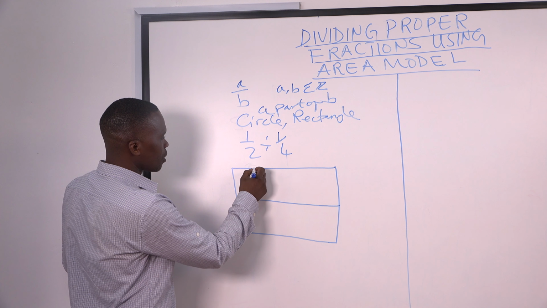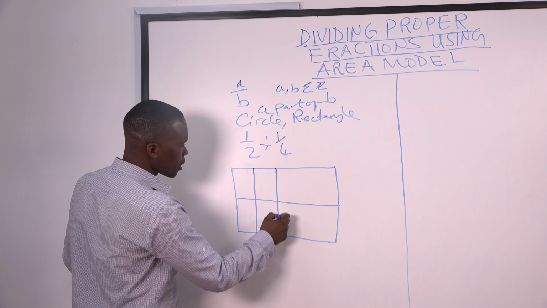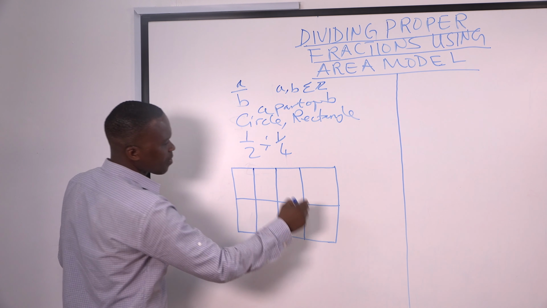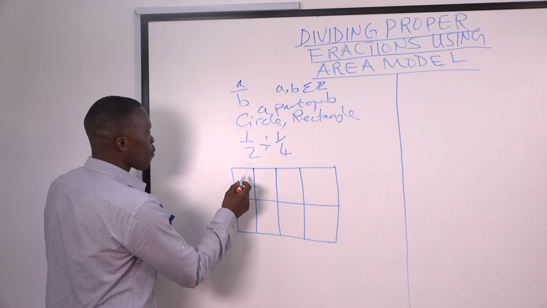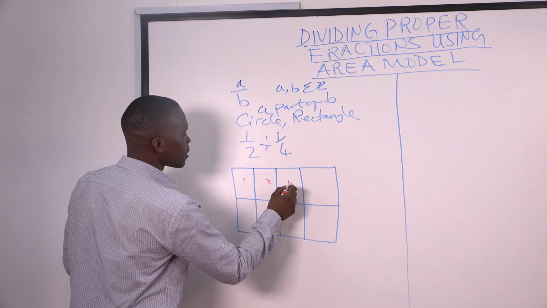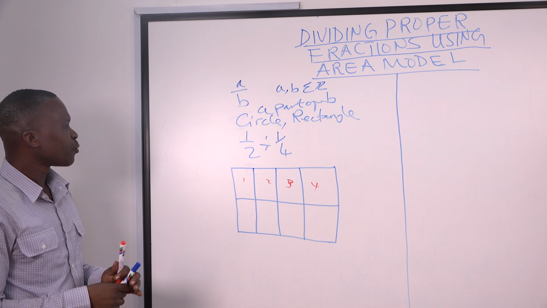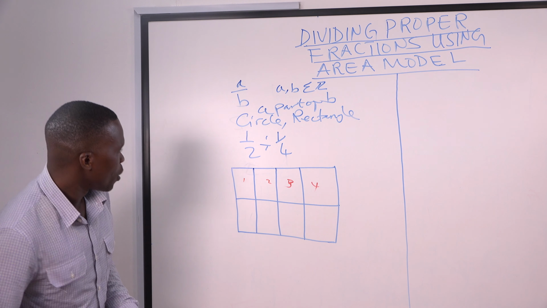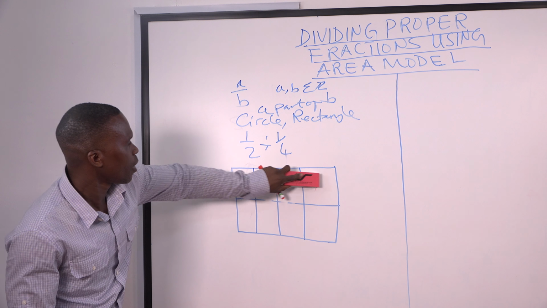So we have the first one, the second one, the third one, and the fourth one. In counting, you have 1, 2, 3, 4. So in each half we have 4 parts which make a quarter.